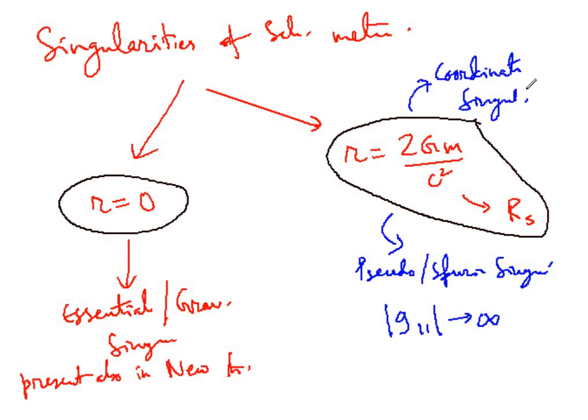Okay. Now in order to decide whether this r is equal to rs is a coordinate singularity or an essential or gravitational singularity like this one, it is important to evaluate the scalars at the point. Now, you see, let us consider this r is equal to rs.